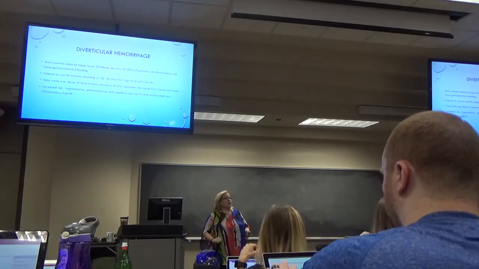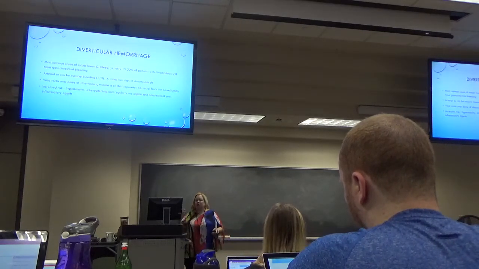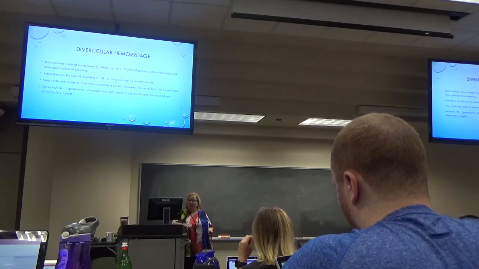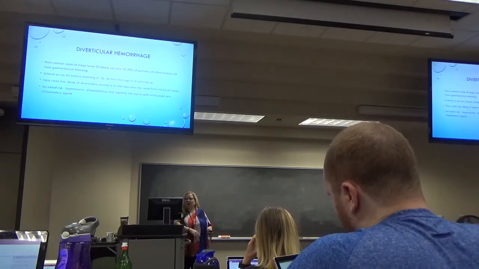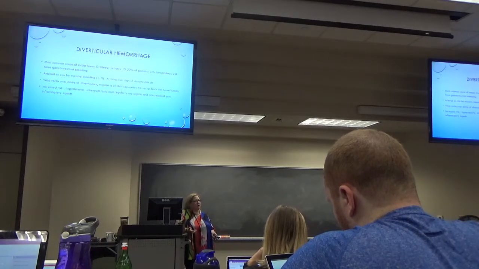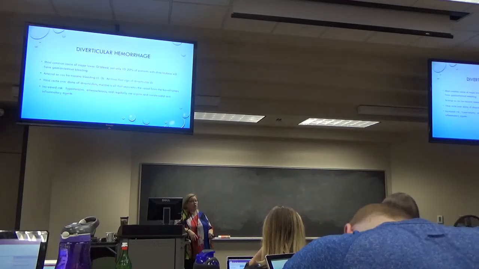Okay. So diverticular hemorrhage is a potential complication. It's the most common cause of major lower GI bleed, yet only a small percentage of people with diverticulosis actually have this. It is an arterial bleed.